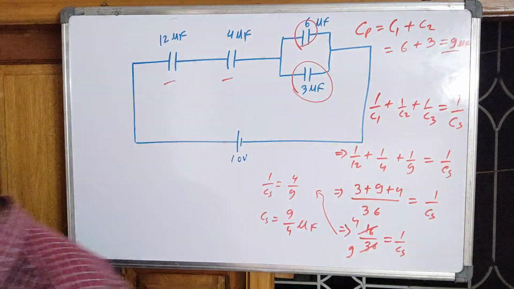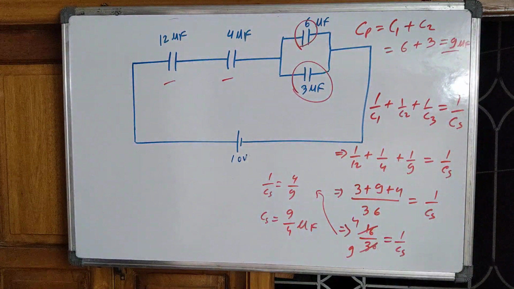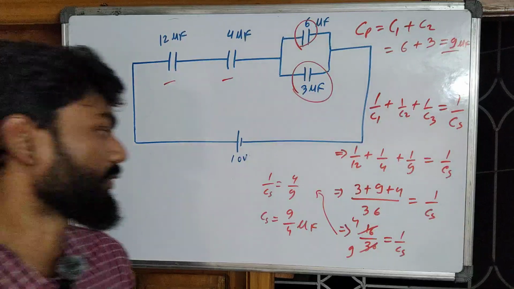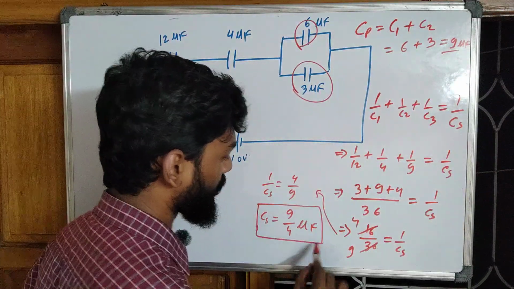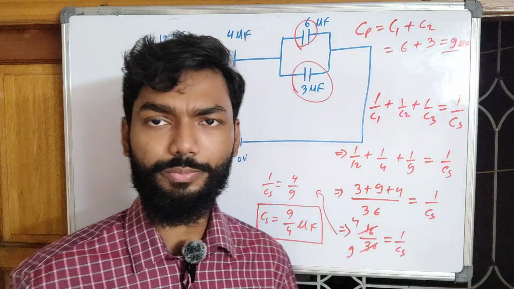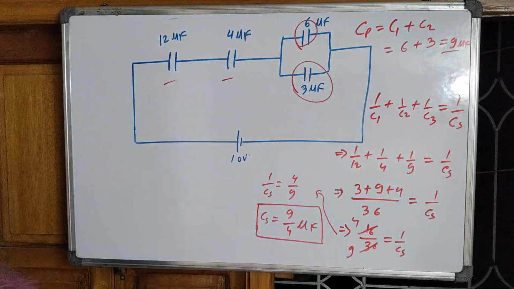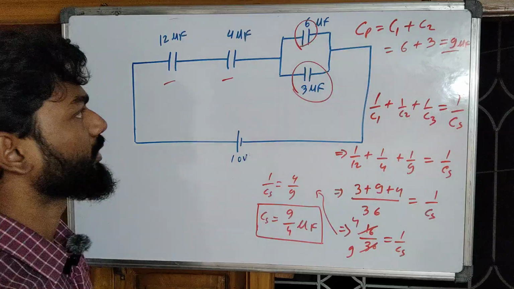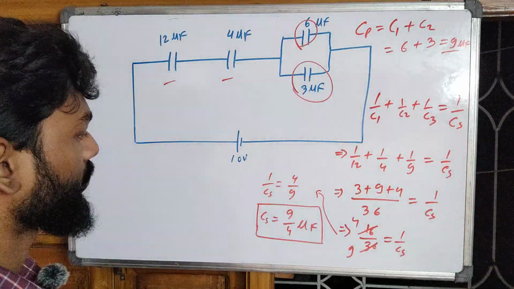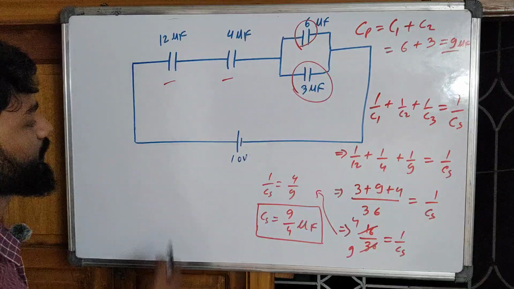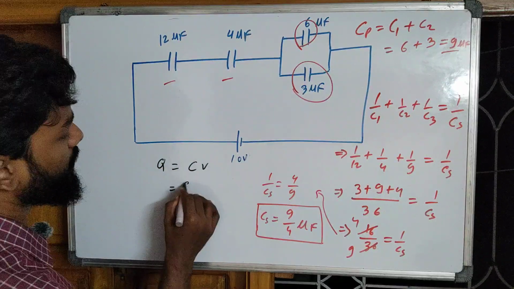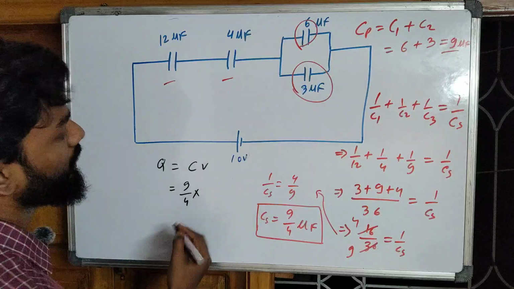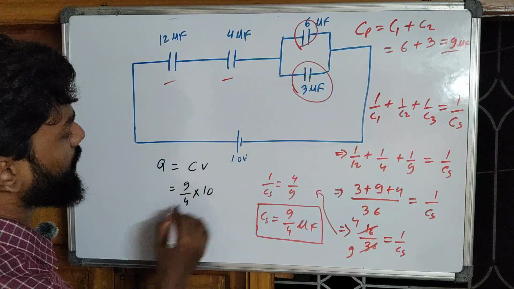So equivalent capacitance is how much? 4 upon 9 or 9 upon 4. This is the answer. Right now you have to calculate the charge. Now Q equals to CV. Q equals to C times V. C is 9 by 4 and V is 10.